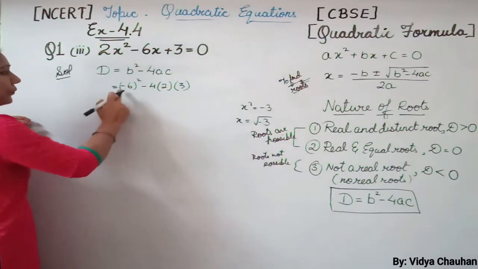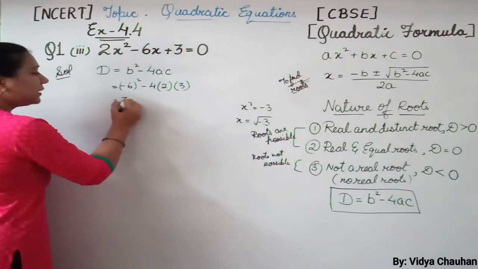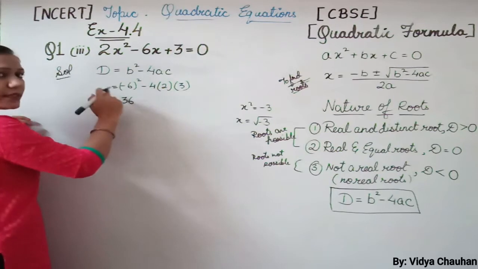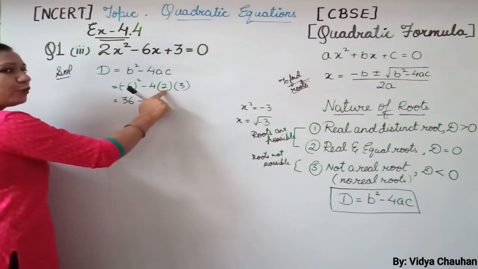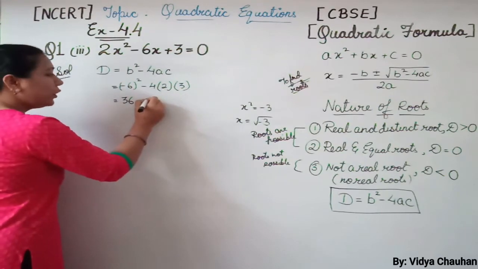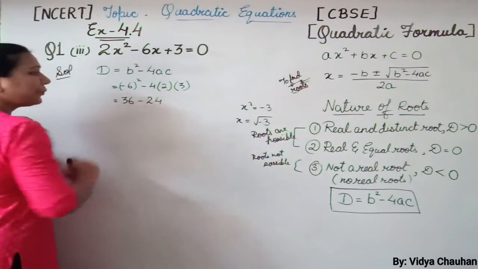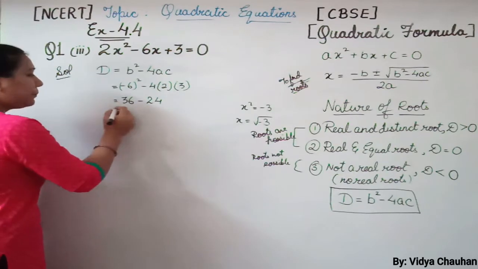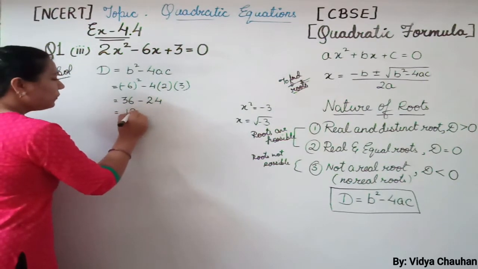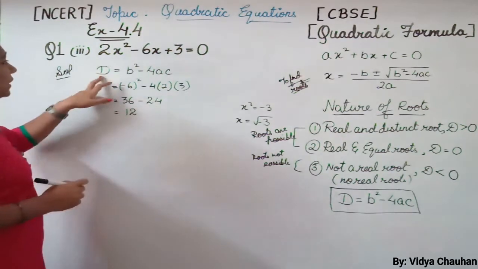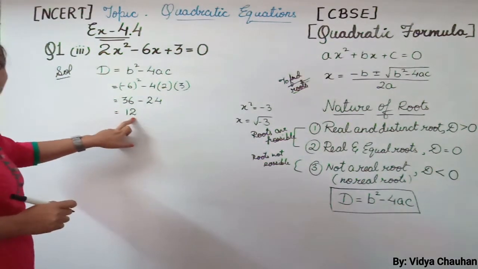Solving it more, minus 6 square gives us 36, because 6 square is 36, and minus into minus becomes plus. Minus 4 into 2 is 8, 8 into 3 is 24. Subtracting these two values, 36 minus 24 gives us 12. So our discriminant is equal to 12.